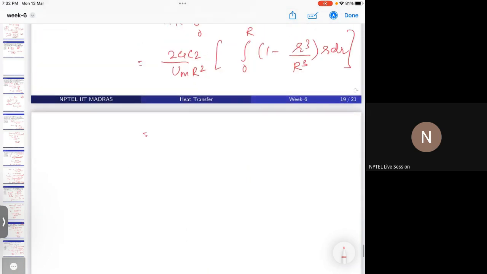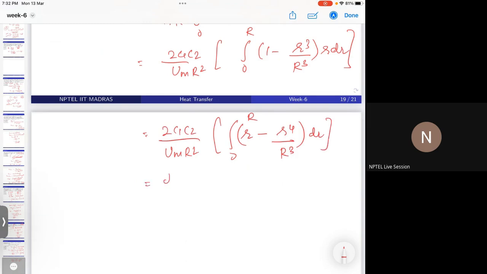So if we integrate it, c1, c2 divided by r square, this is r minus r raised to 4 divided by r cube, 0 to r dr. Okay, 2c1, c2 divided by r square, r square by 2 minus r raised to 5 by 5.